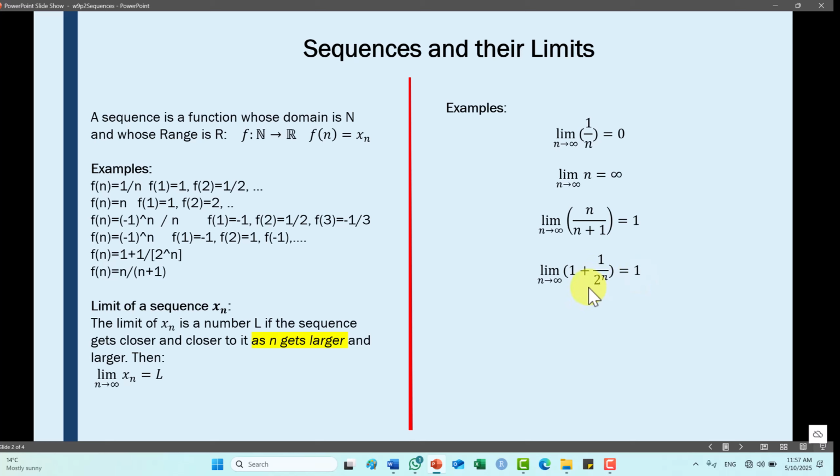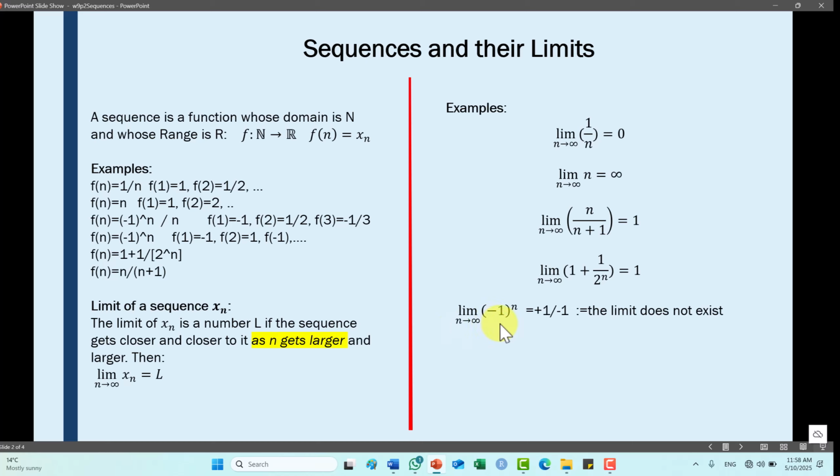Why? Because the limit of this constant number is the constant 1, and for the second part, 1 over 2 to the power n, as n goes to infinity, 2 to the power n gets very, very large. So 1 divided by a very large number is 0, so this part vanishes as n gets larger and larger, and we are left with 1.